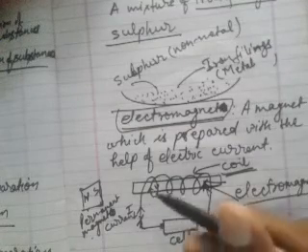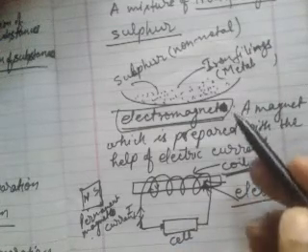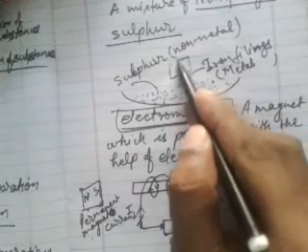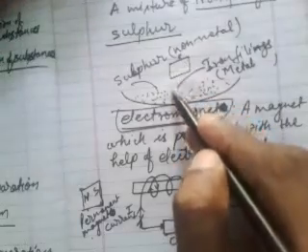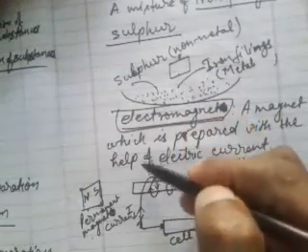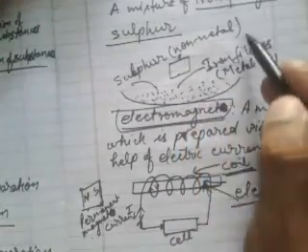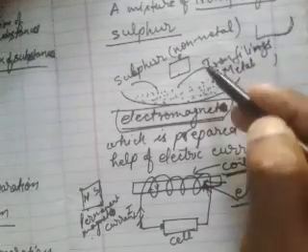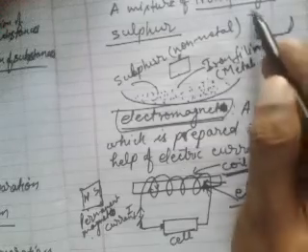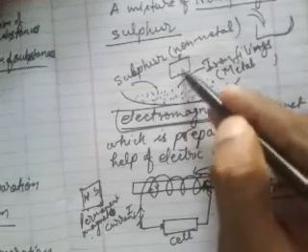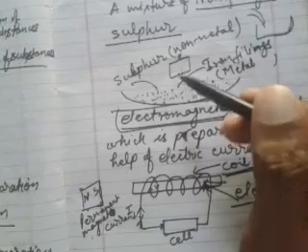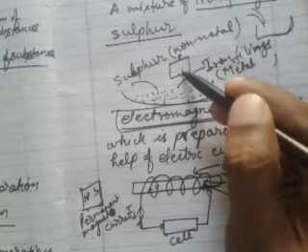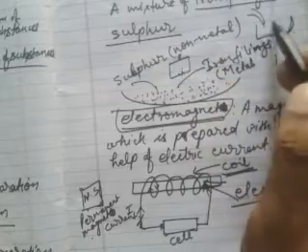Because if we use a permanent magnet, the iron filings attached to the permanent magnet stay attached.